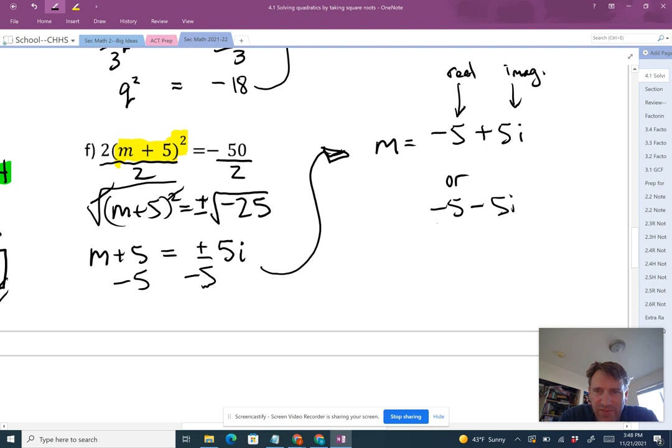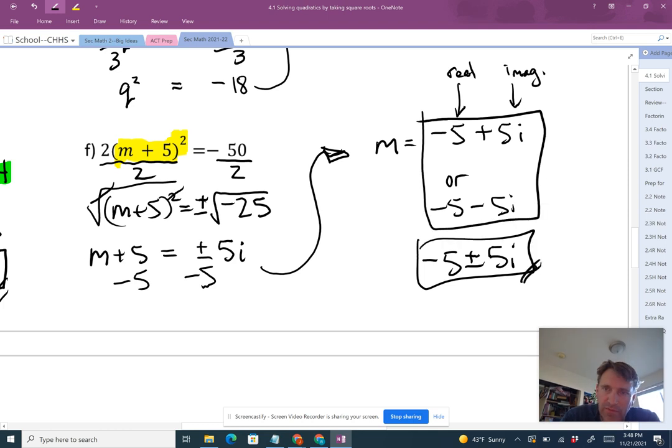Negative 5 minus 5i for the same reason. So it's okay completely to write your answer as negative 5 plus or minus 5i, and that would be your final answer. But it is the same as what we have written up here, negative 5 plus 5i and negative 5 minus 5i. And both of those are equal.